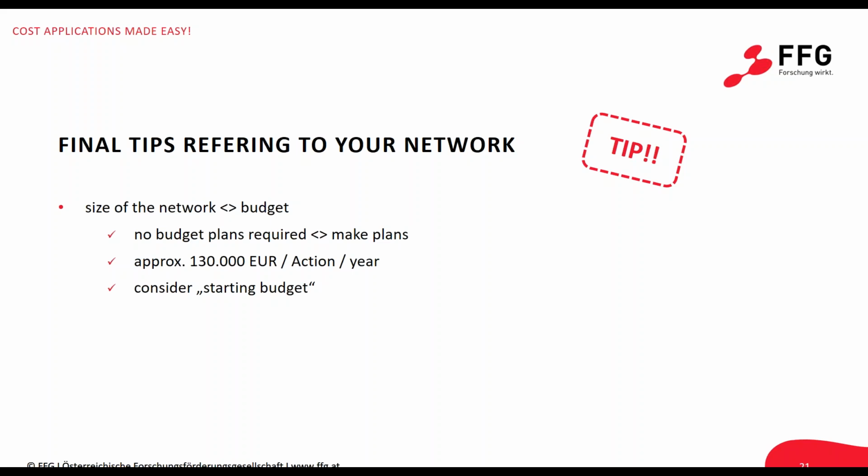And the basis for that also is indicated by the size of your network. So in general, they say for a COST action at the size of 20-25 partners, this approximate 130,000 euros per action per year.